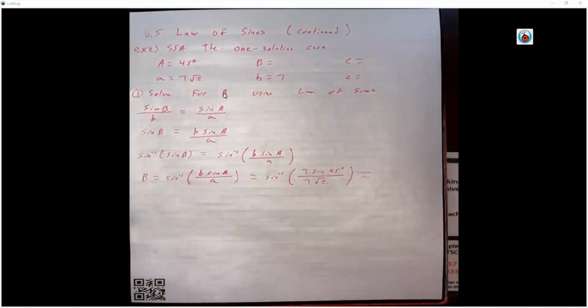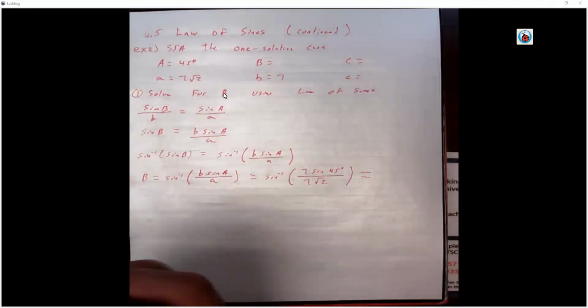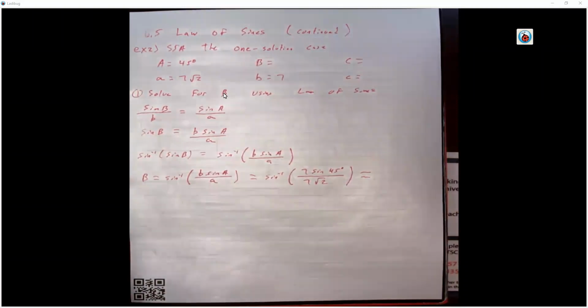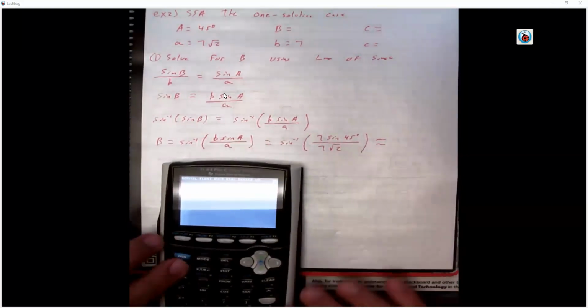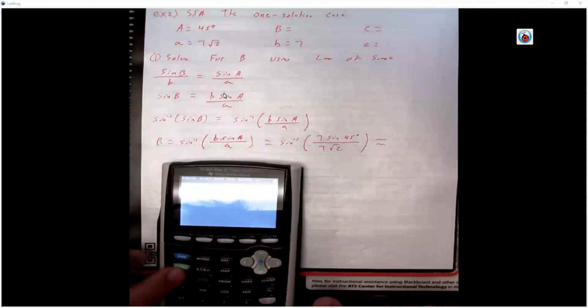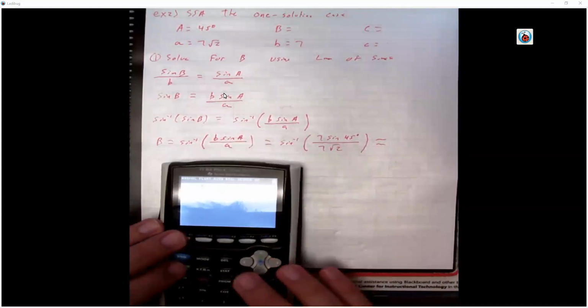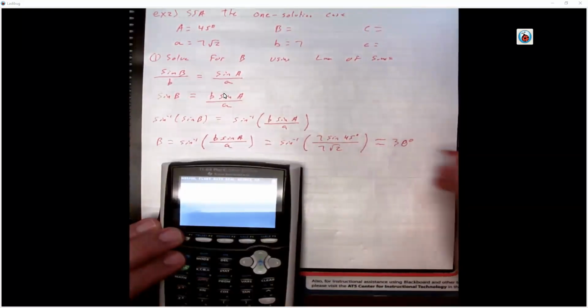And we have angle B. Cool. 30 degrees. So we have B.